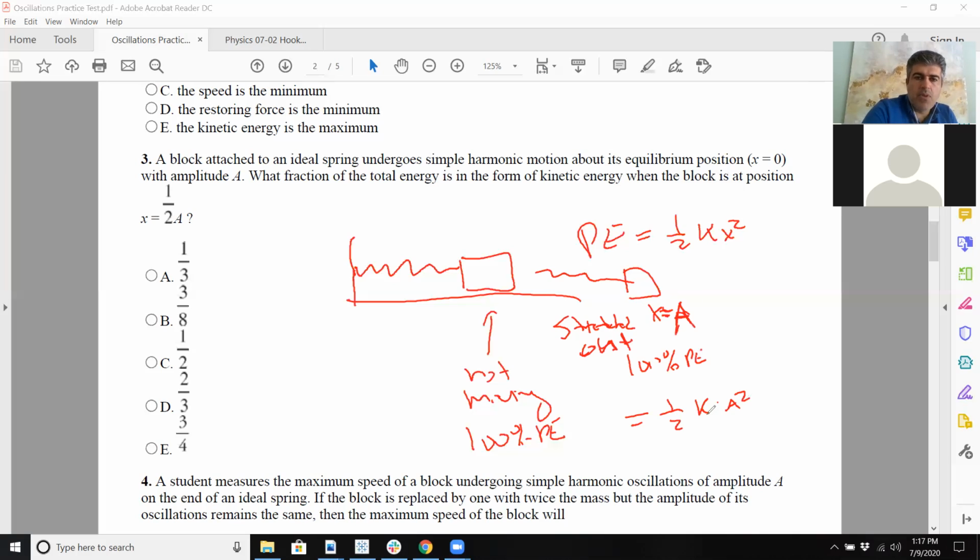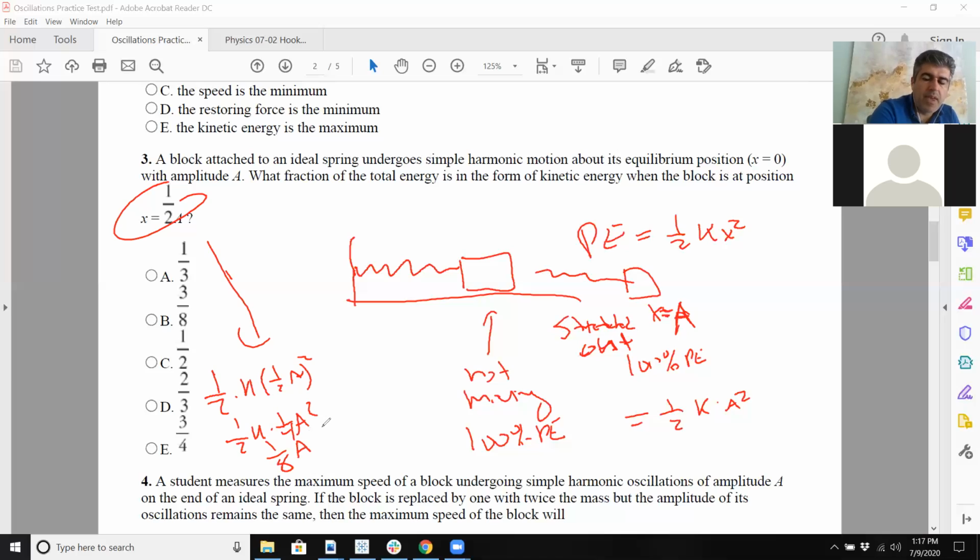Now, if you take it to half of A, your potential energy is 1/2 K times (1/2 A) squared, which is 1/2 K times 1/4 A squared, or 1/8 K A squared. So you've lost 3/8.